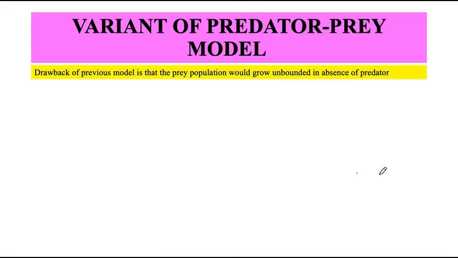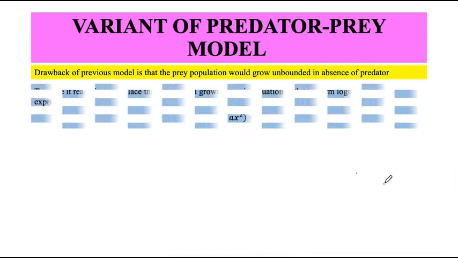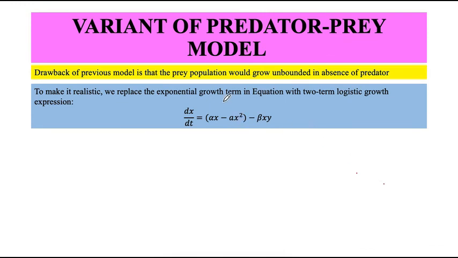There will be small fish who will die naturally, and therefore to make it realistic we replace the exponential growth term. Now we also add some term which will take care of death rate: some constant multiplied by x square.